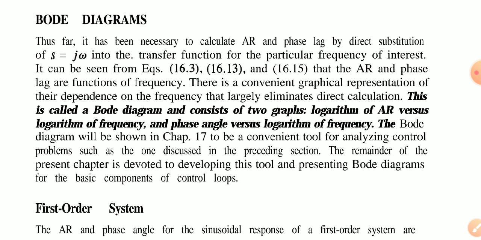It is a convenient tool for analyzing control problems such as the one discussed in the preceding section. The remainder of this chapter is devoted to developing the tools for presenting the Bode diagram for the basic components of these control loops.